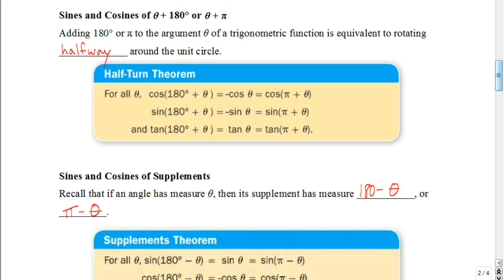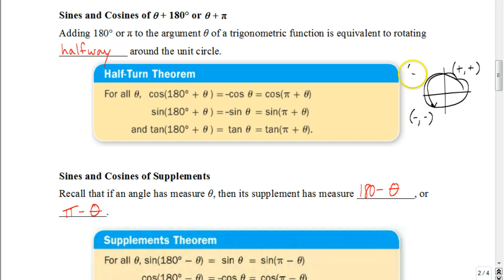The next one that we're going to look at is called the half-turn theorem. The reason why it's called a half-turn is because we're rotating our angle 180 degrees. Because if you think about it, if we add 180 degrees to any angle, it's going to flip and be in the opposite quadrant. For example, if I had my unit circle here, if you think about quadrant 1, where x and y are both positive, if I were to rotate that 180 degrees, it's going to be down here in quadrant 3, where they're both going to be opposites.